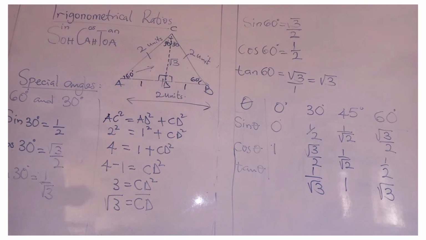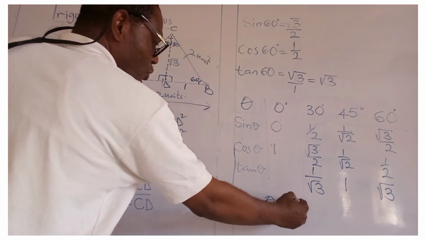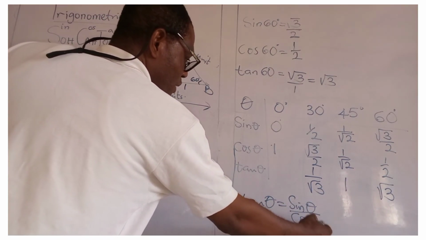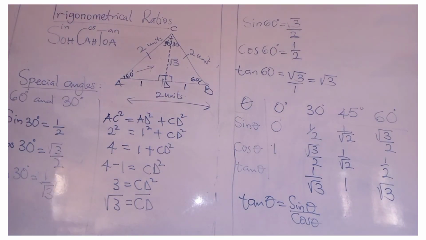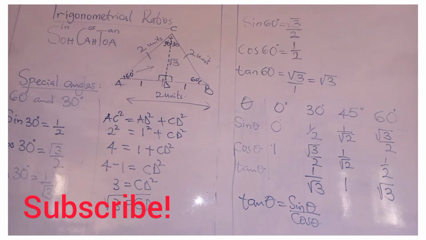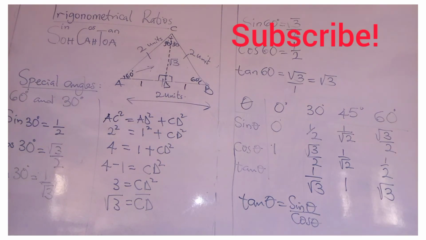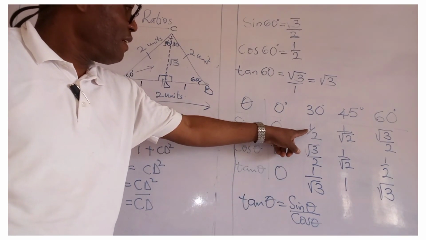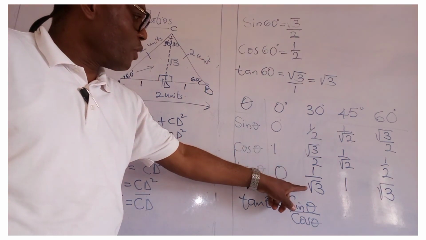Of course, because we know that tan theta is equal to sine theta divided by cos theta, 0 divided by that will be 0. So that will be 0. If you divide, tan 30 will be this half divided by square root of 3 over 2, which will give us 1 over square root of 3.